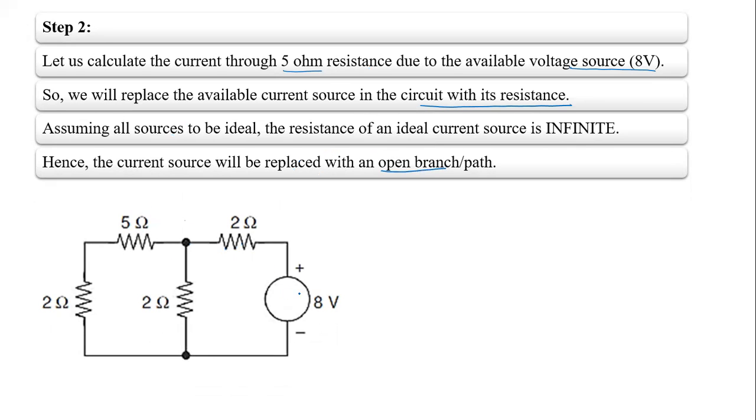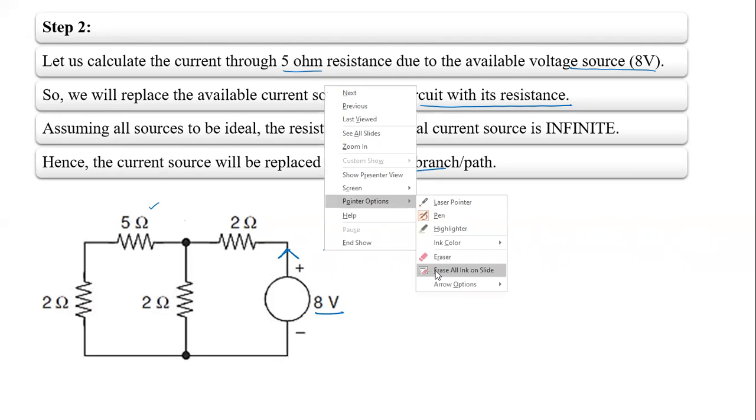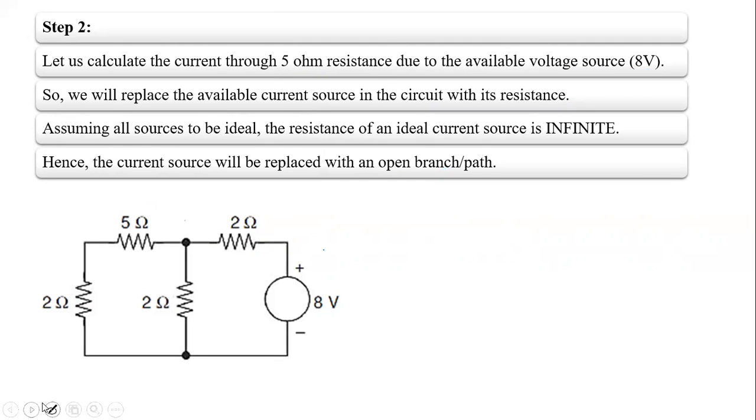Now this is the 8-volt source. We have to find out the current through the 5 ohm resistance here. Let us say the current produced by this particular source is I, for example.